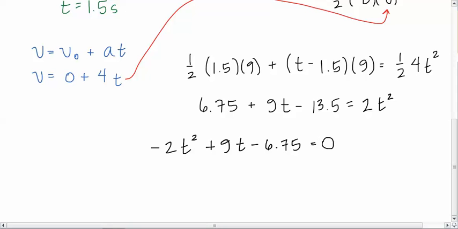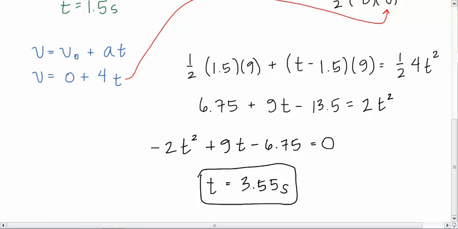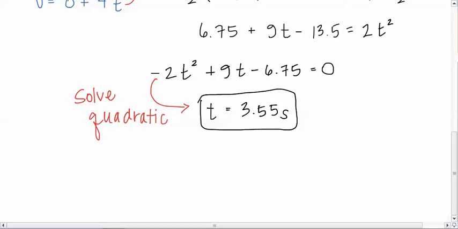And then solving the quadratic equation, you should get 3.55 seconds. And then you can check to see that that works. And that's probably the most conceptual way to solve that problem.